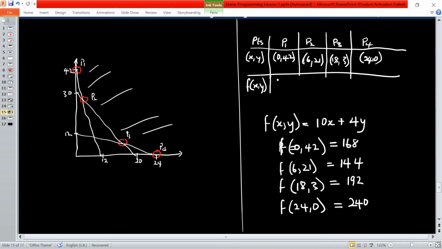All right, so let's enter it here: 168, 144, 192, 240.